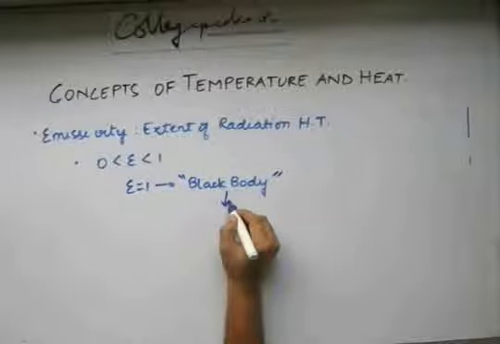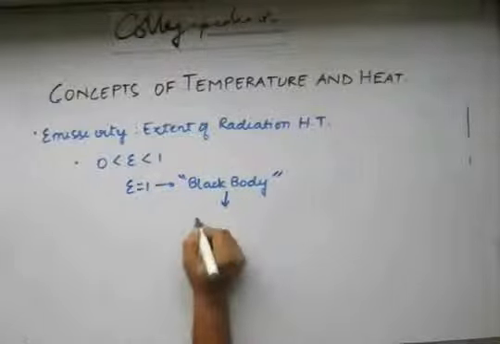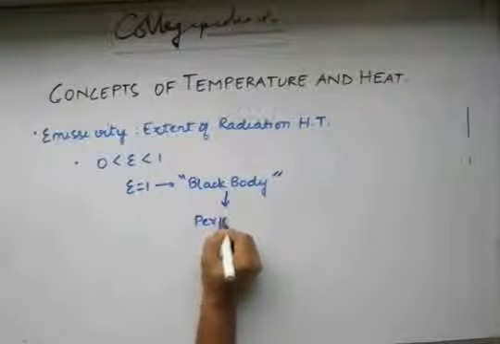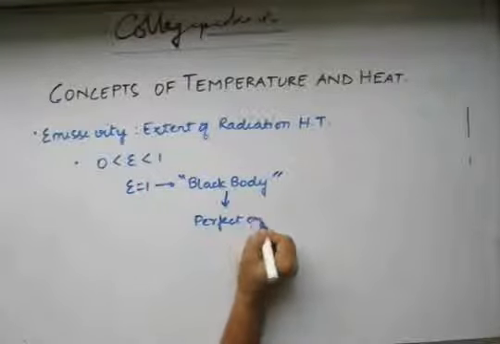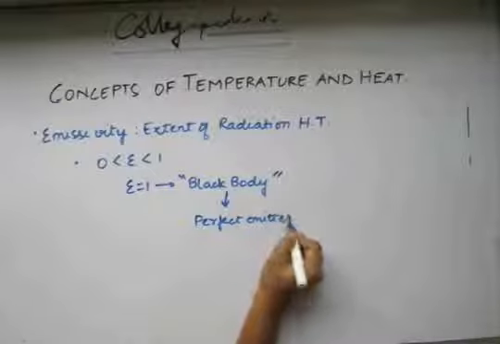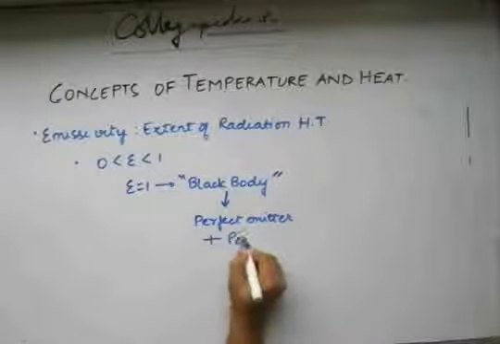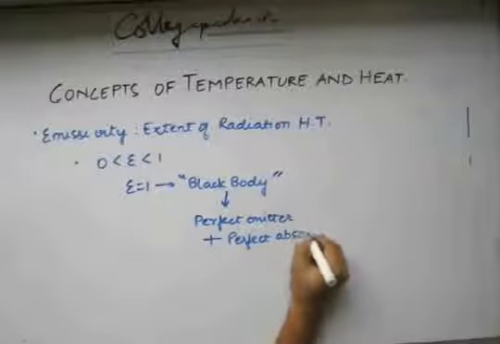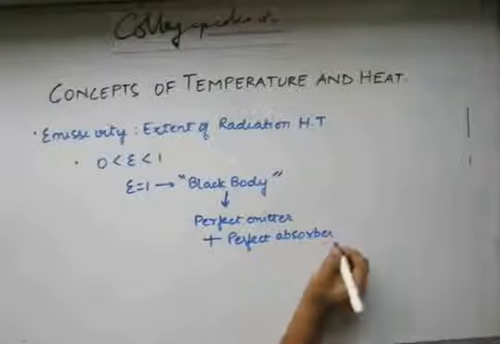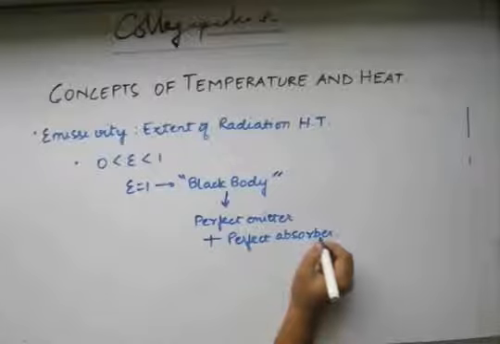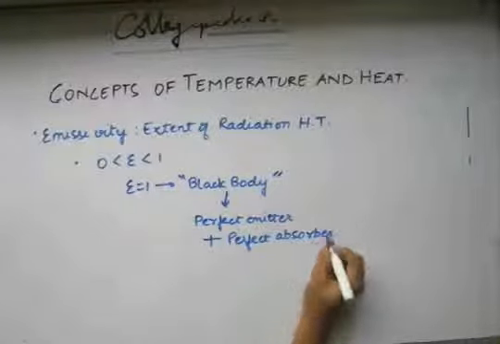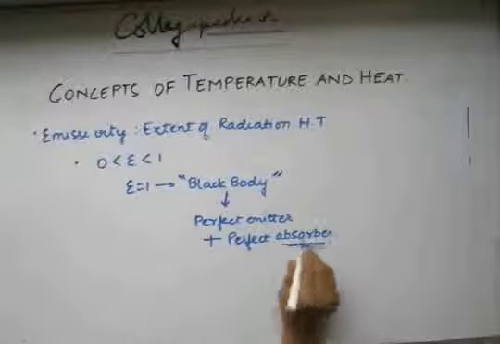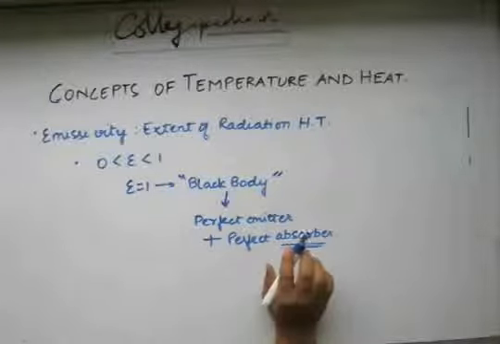Note that when we say black body, we mean that this body is a perfect emitter and a perfect absorber too. When we say absorber, we need to look at another expression.